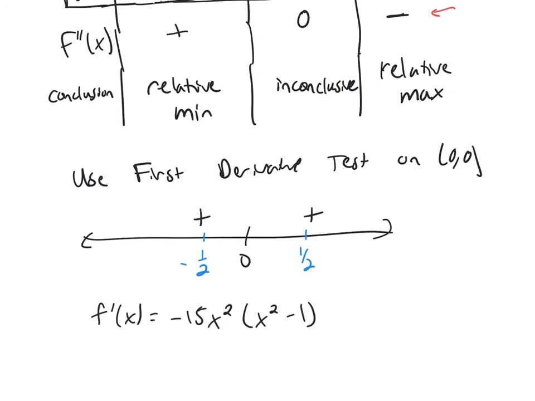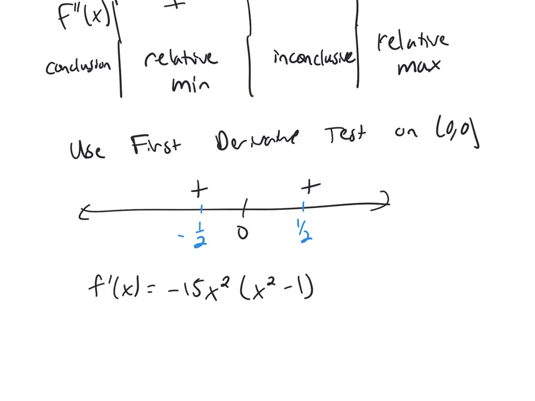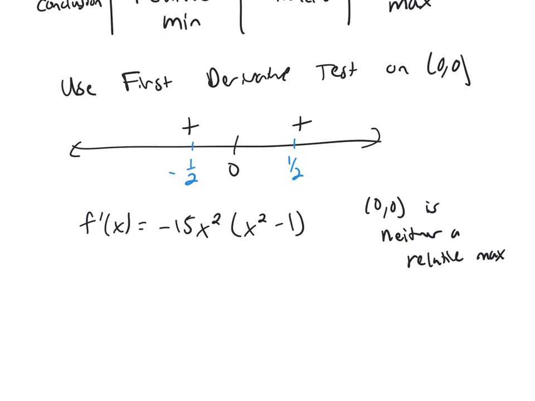So at 0, the sign of the derivative doesn't change. So here, 0, 0 is neither a relative max nor a relative min. So I only had 2 points that were relative maxes and mins.